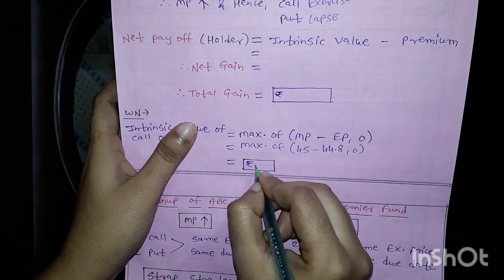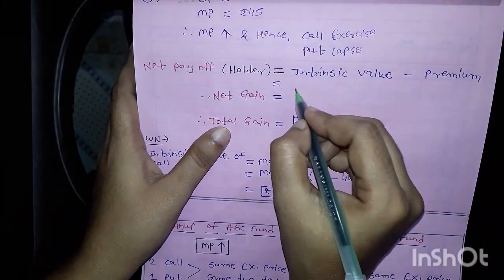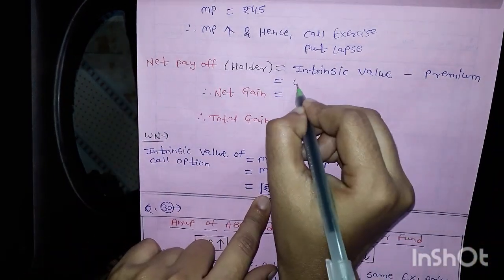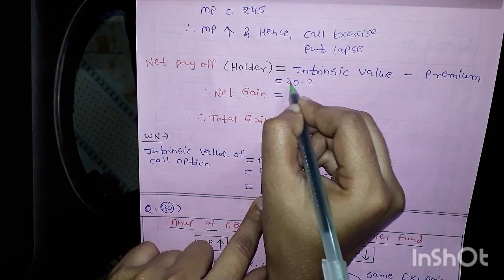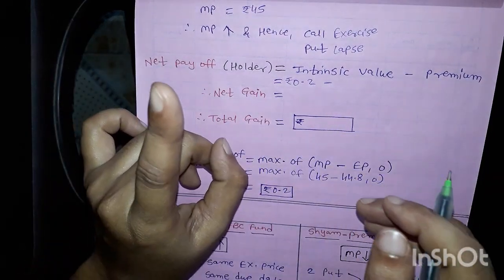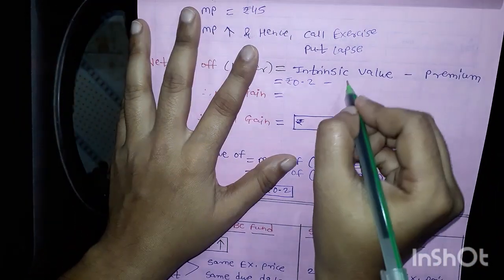So 0.2 is the intrinsic value, rupees 0.2, and premium we are going to use only one premium, that is 0.12.